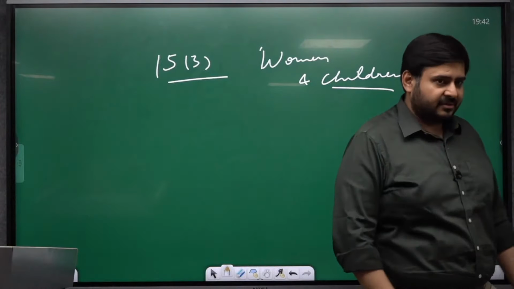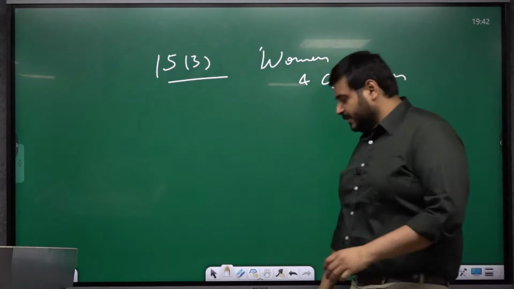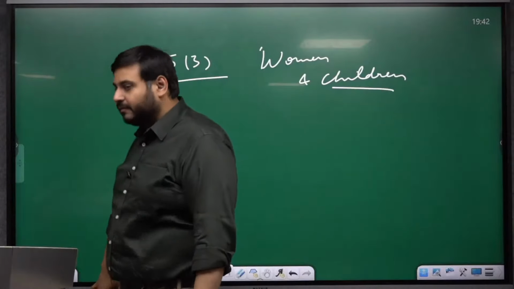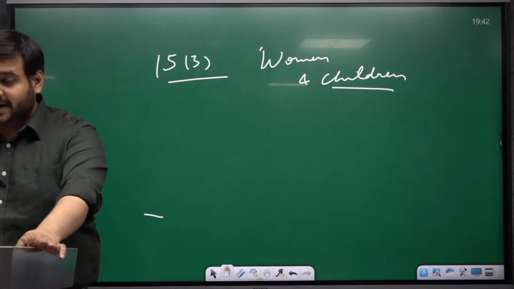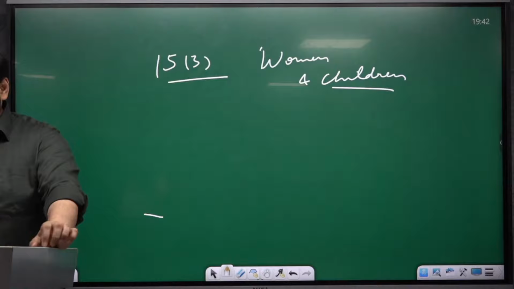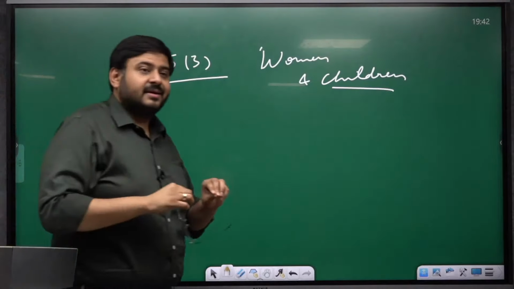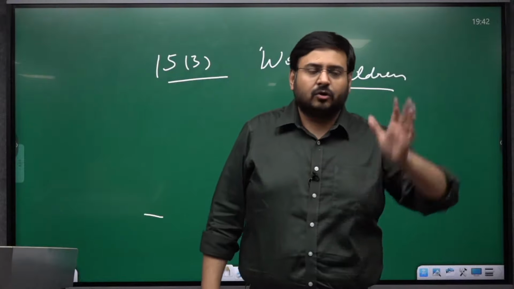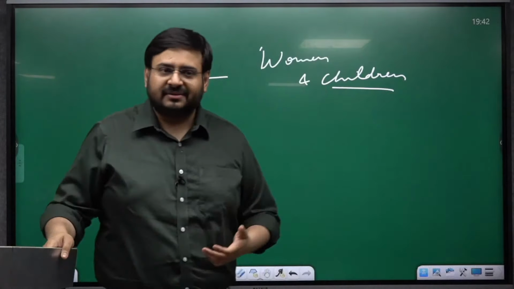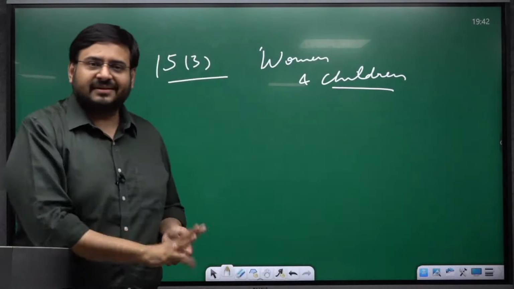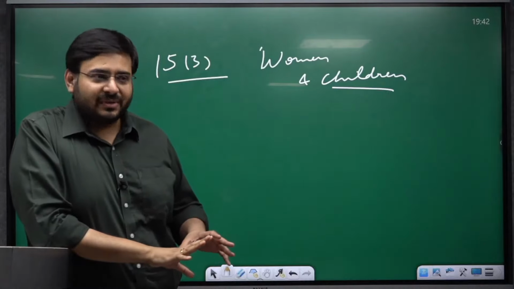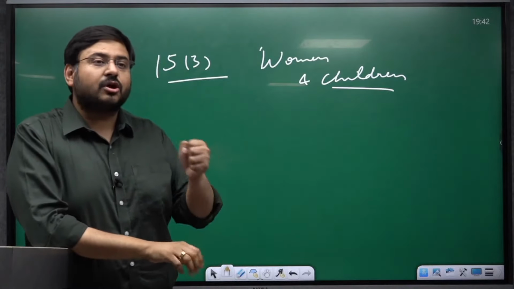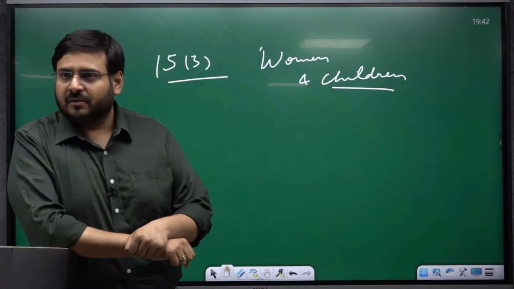True or false? False. Why? The state is not stopped from making any special provision, but you cannot go to the state and say, let's make a provision, I am a child, make that Cadbury world. You cannot do that. Is it clear? Because nothing can stop the state from making such provisions.